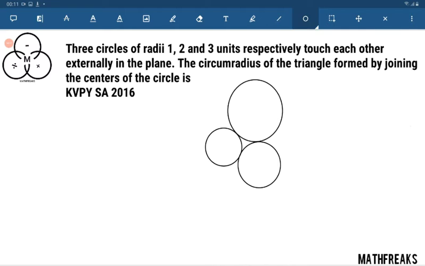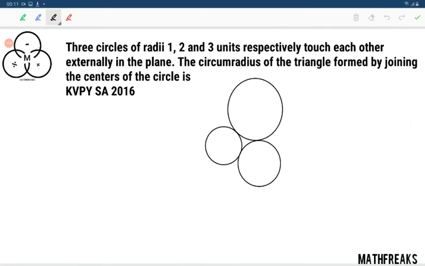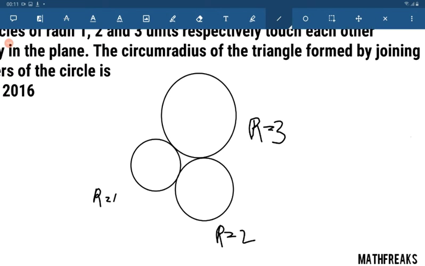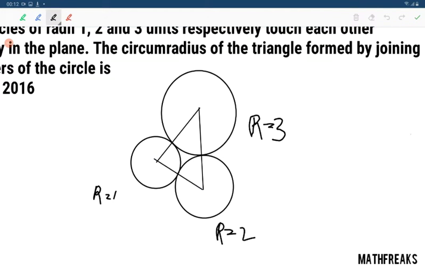These are the three circles. This is having radius 1, radius 2, radius 3. This is the triangle.